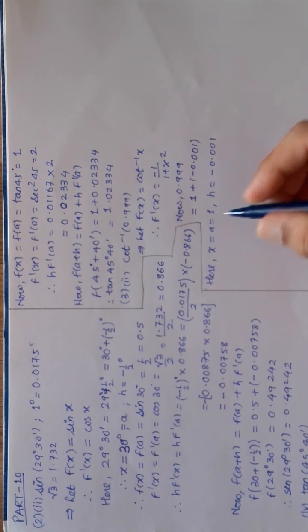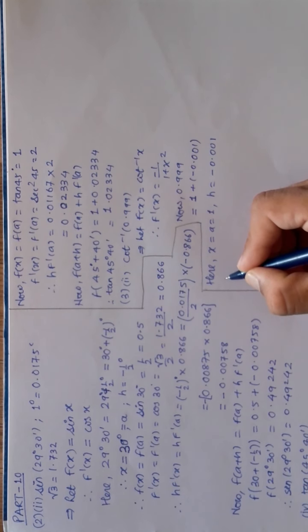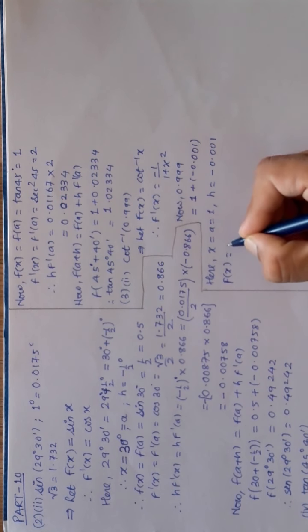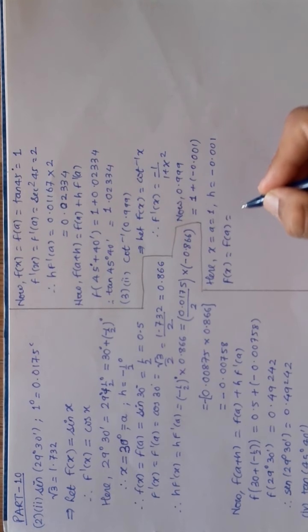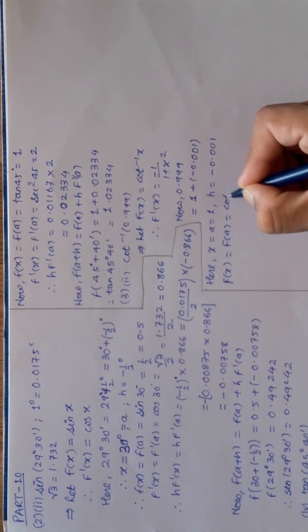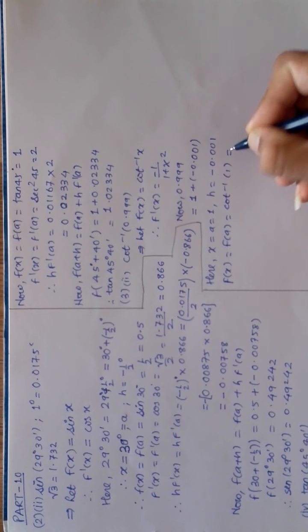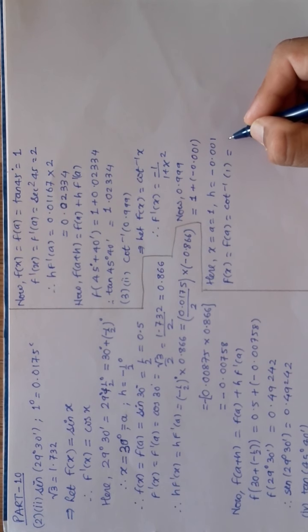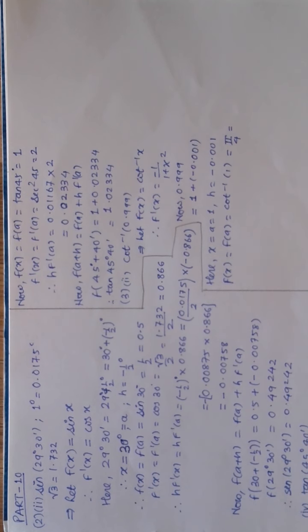Agreed? So now once you get this, you will get function of x, which is nothing but function of a. Function of a is nothing but cot inverse 1, and cot inverse 1, you know very well, is 45 degree, which means pi by 4. You can keep pi by 4 and convert later, but I suggest you convert here only.